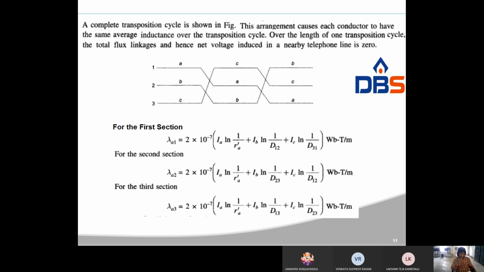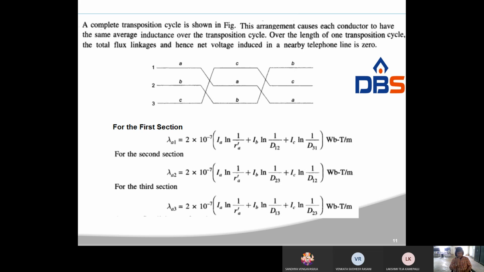Let us consider balanced current IA plus IB plus IC equal to 0. Now, I am considering IA, it is 3 phase. IA is nothing but magnitude I at a phase angle 0 degrees. IB is I at an angle minus 120 degrees. IC is I at an angle 240 degrees.